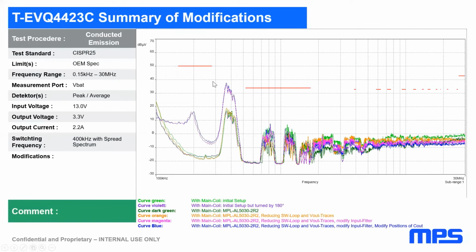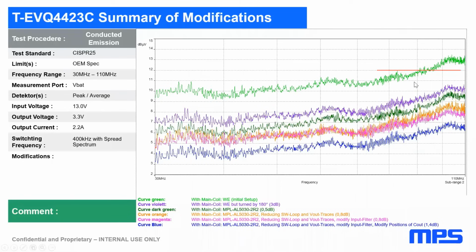So here's a summary of our improvement steps. We see in the low frequency range, with a reduced input filter, you have higher amplitude, but still no problem for the limits. So we can save money and space. And we see step by step how the noise goes down, which is especially important in the high frequency range.